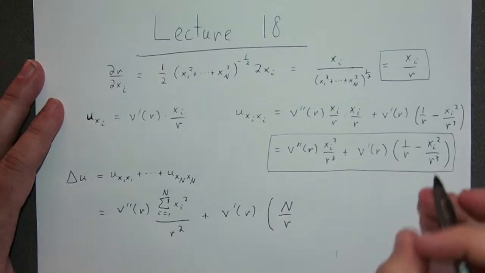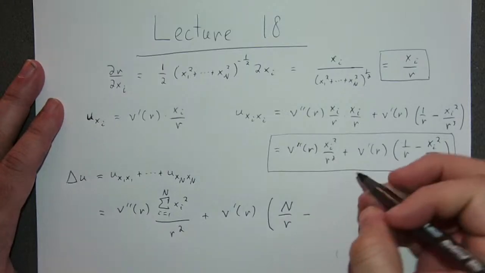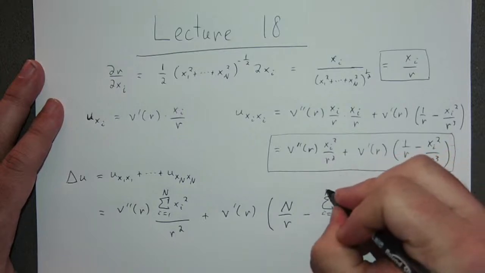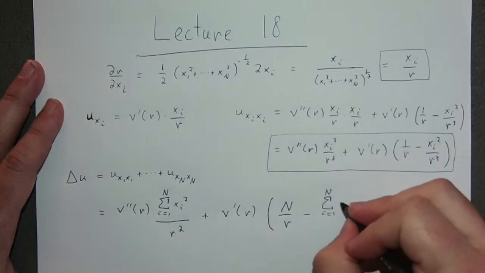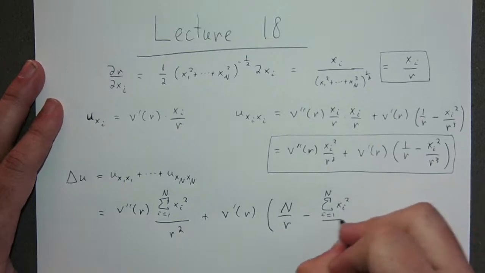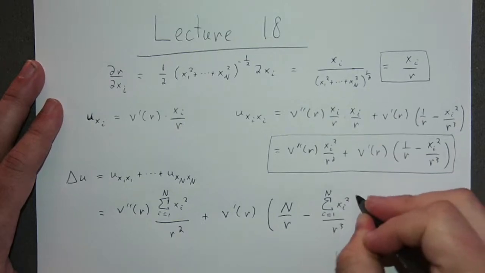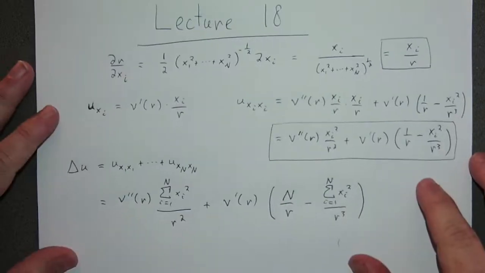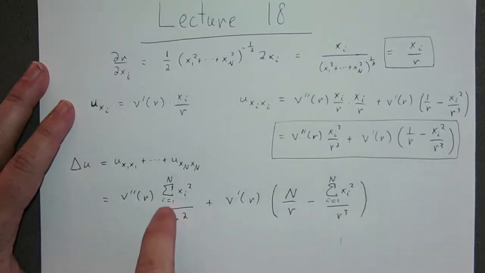Minus the sum from i equals 1 to n of x sub i squared over r cubed. But of course, the sum from i equals 1 to n of x sub i squared, that's just r squared.